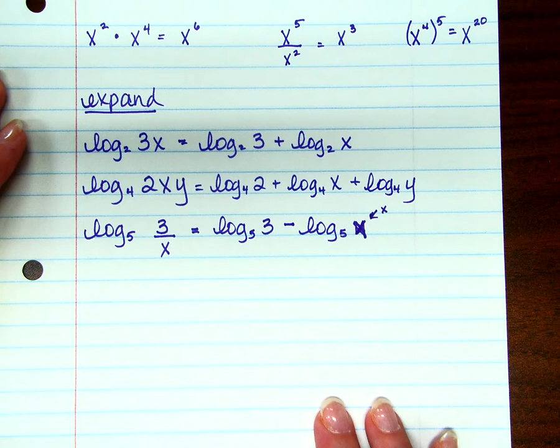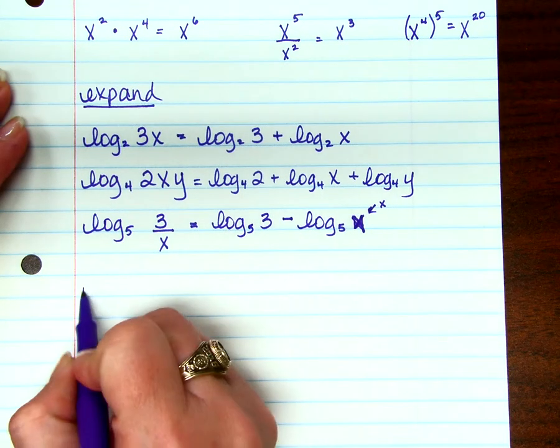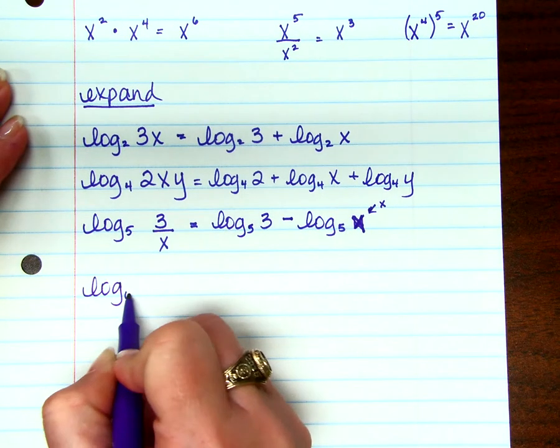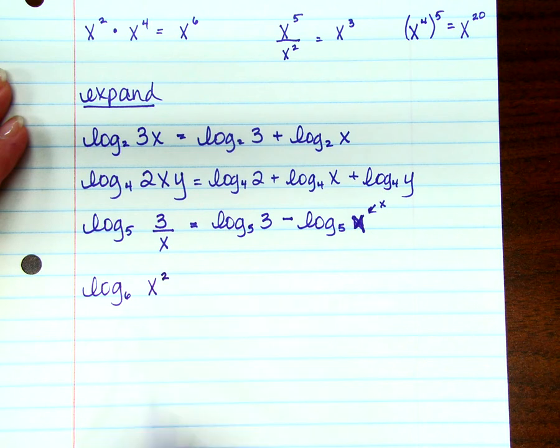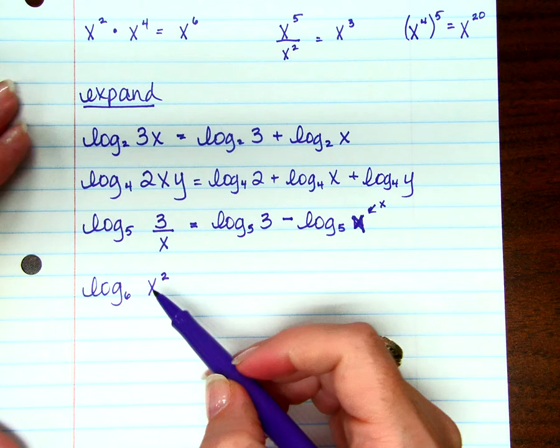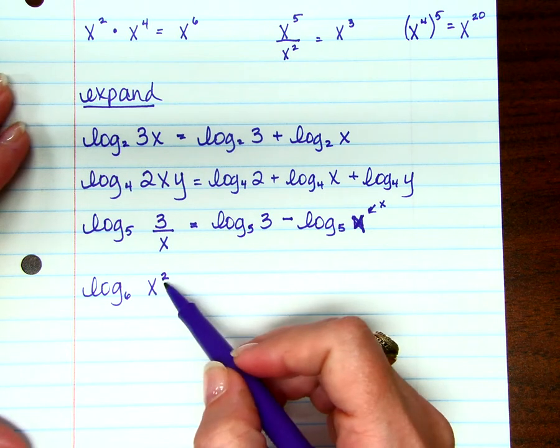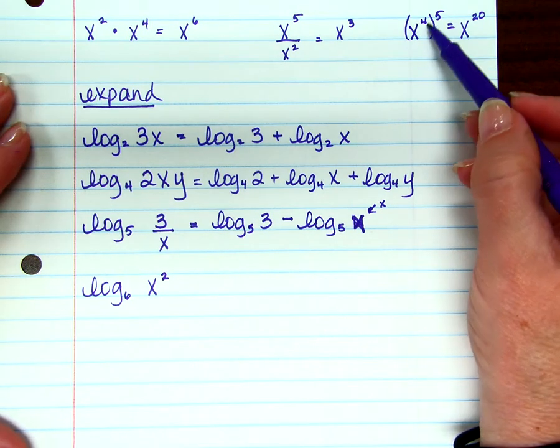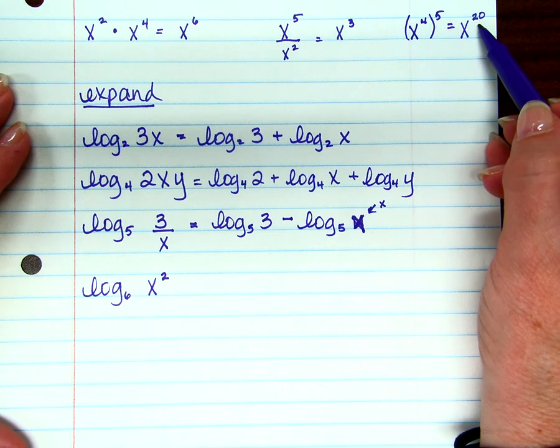Well, let me try again. Log base 6 of x squared. Something has to be times, right? Because it's raising to an exponent, and we know that if we're raising something to a power here, we timesed it.